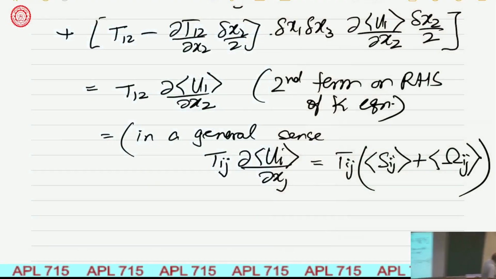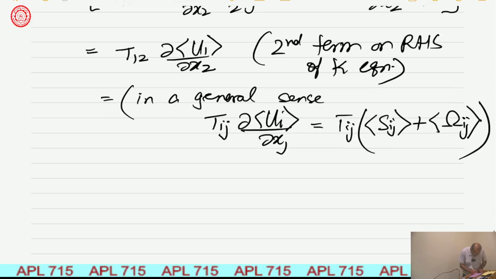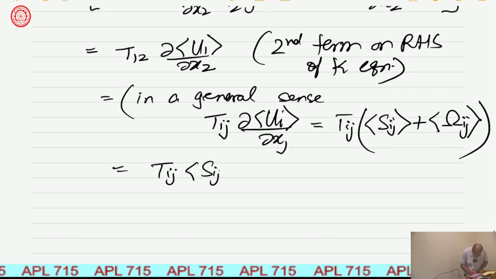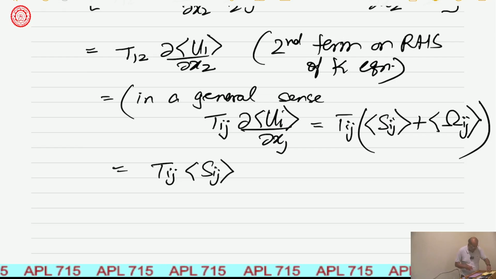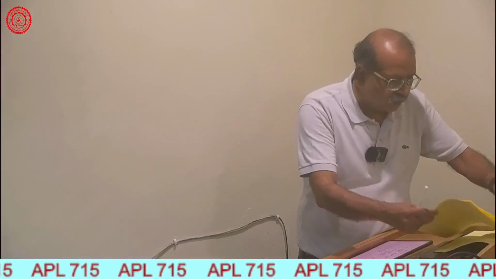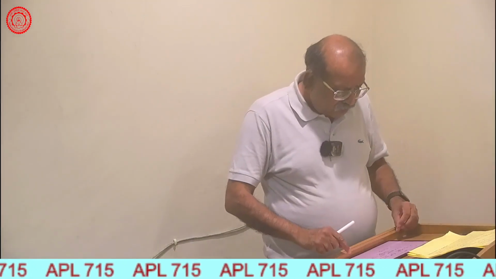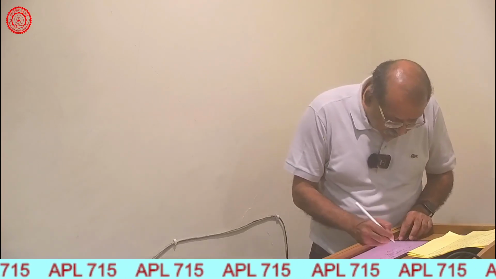So this I can basically write it as equal to Tij mean of Sij. And now what we will have to do is, so we have done this Tij Sij part.